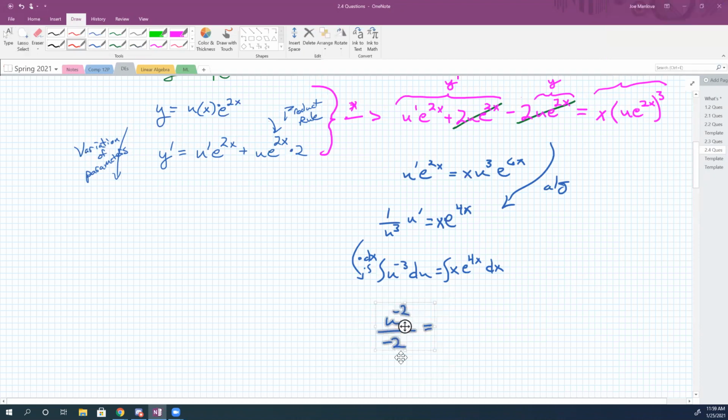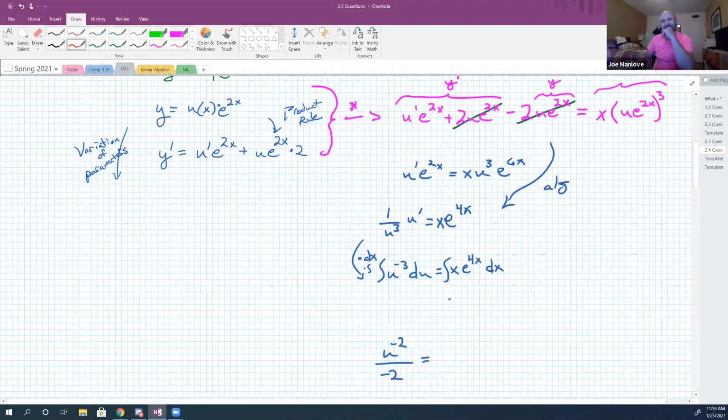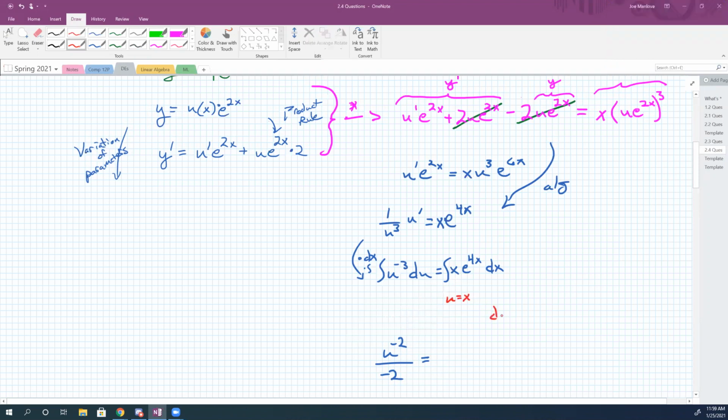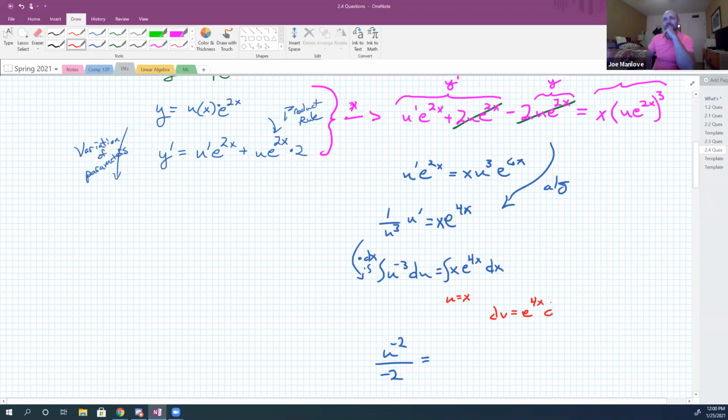I would probably pick, all right, I use my own notation. But let's see. It would be u equals x. So the thing I want to differentiate is x, right? Yeah. So u equals x, and then dv is e to the 4x dx.